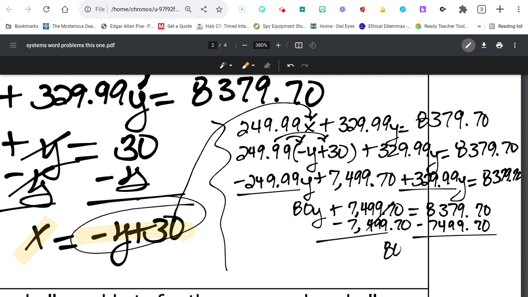So I end up with 80y equals 8,379.70 minus 7,499.70, which is 880. Divide both sides by 80, and y equals 11.